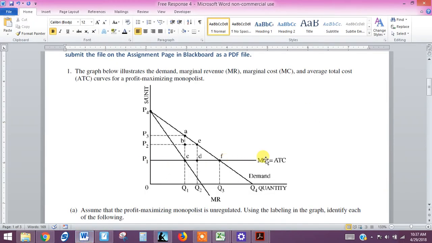They've also said here that marginal cost equals average total cost, so they're both constant at P1. So that's something to keep in mind.